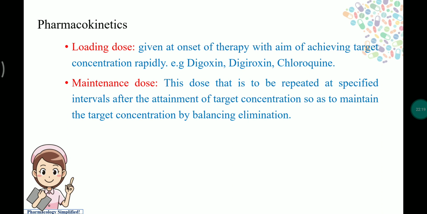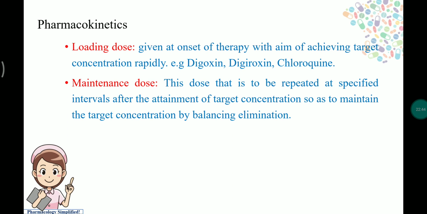So let us see some examples. Loading dose is the single large dose which is given at the beginning of the treatment. It has a disadvantage because the patient may be exposed to a higher concentration of the drug and this may sometimes result in toxicity.